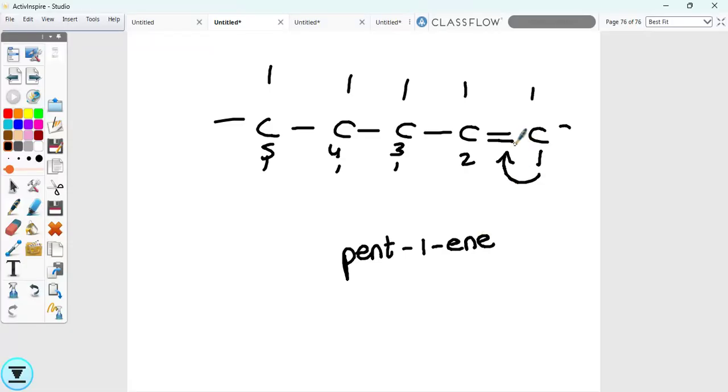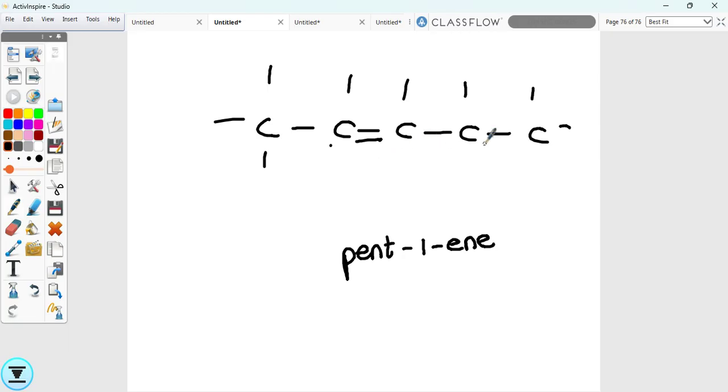Now, if I move that double bond and it's not there anymore, and I say, okay, it's now here, what is the name going to be now? Can I still number from the right? I'm setting lots of traps for you today. But that's what happens with organic. Organic is really easy, but it's traps.